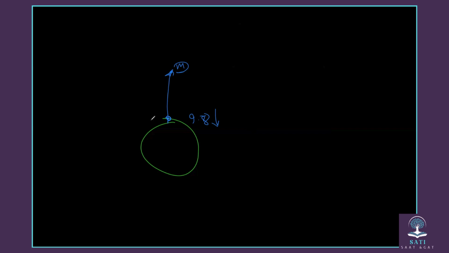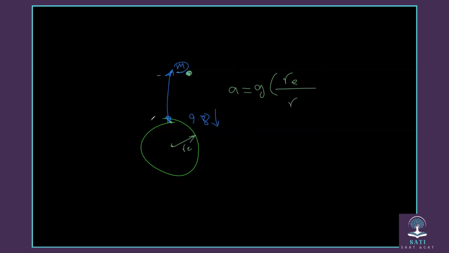How can we then get the acceleration due to gravity at this point? We find that the acceleration at this point equals the gravity of Earth at the normal place, then we multiply it by the radius of Earth, that means from here to here, divided by the radius of rotation.